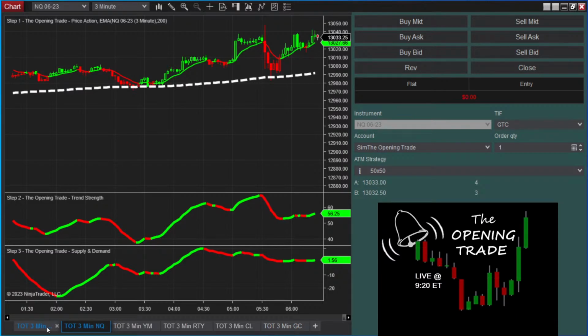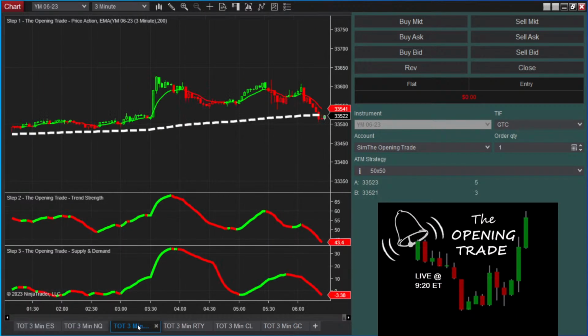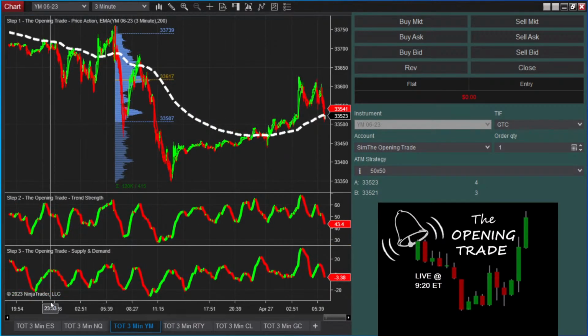We're above the 200 period EMA just like the S&P 500. Here's the Dow Jones futures. All right, so yesterday, right around here somewhere, all the way through to today.